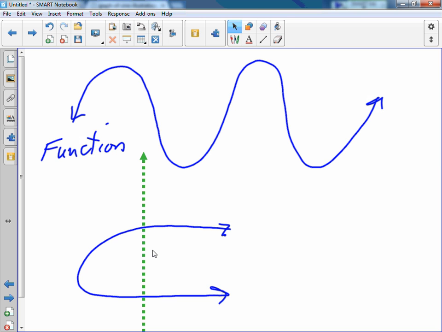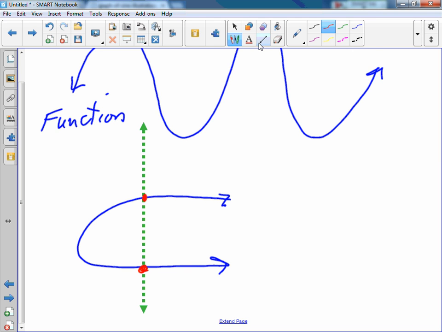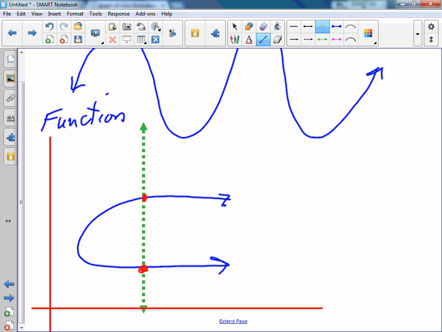In terms of coordinates, what would this look like? If this is on an XY coordinate plane, and this is 4, and this is 2 and 5, so the coordinates here are what? 4, 2, good, and 4, 5.